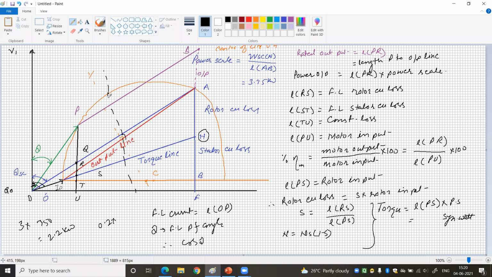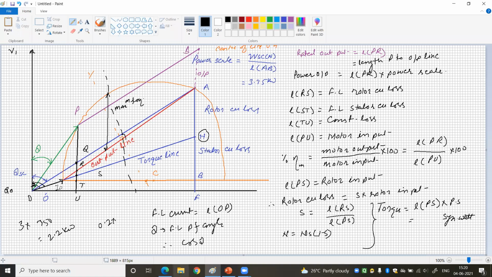If you draw the line from the circle to the torque line, this distance is nothing but the maximum torque. So by this way, the maximum torque can be calculated with the help of the circle diagram.